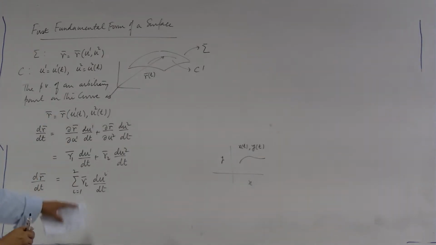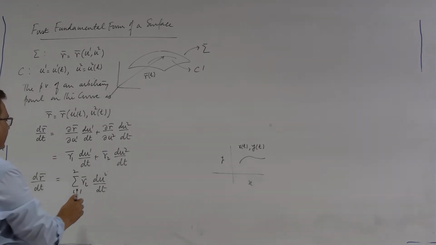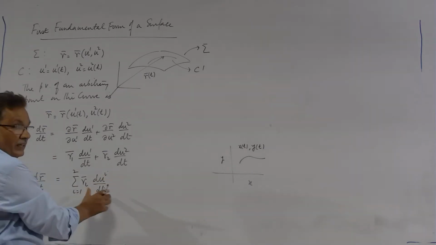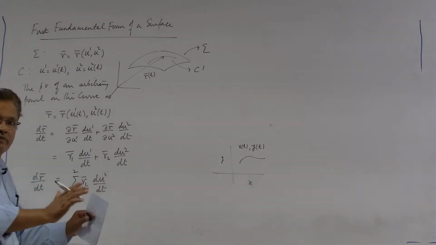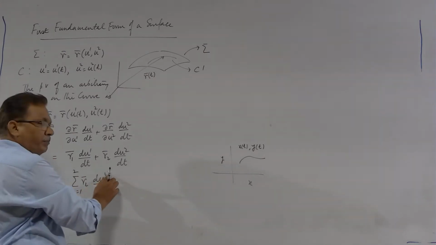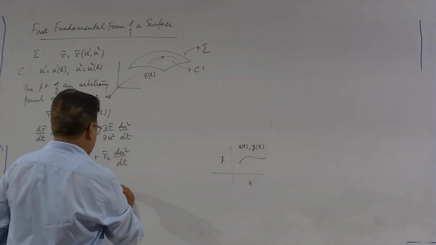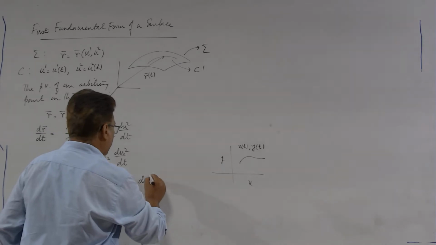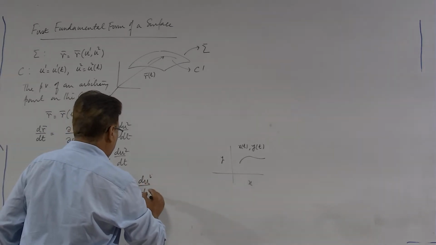Now, here I want to explain a summation convention. So, look here, you are summing over i, and i is repeating itself in this expression. So, whenever you have such a situation that an index is repeating, I will not put a summation sign, I will simply write it as Ri dui over dt.